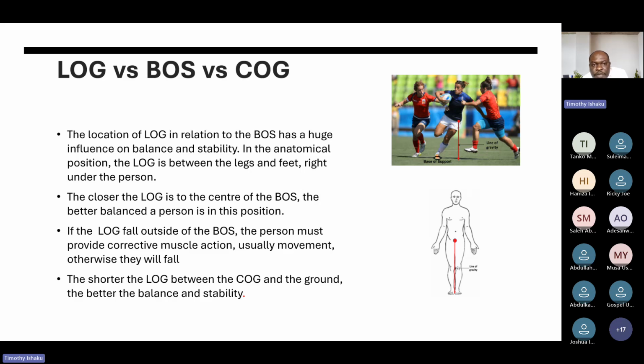We can see the illustrated person when they are standing, and that is what we call our anatomical position. When you are standing in this anatomical position, the line of gravity falls right within the base of support. And by definition, we are very stable and we are balanced.